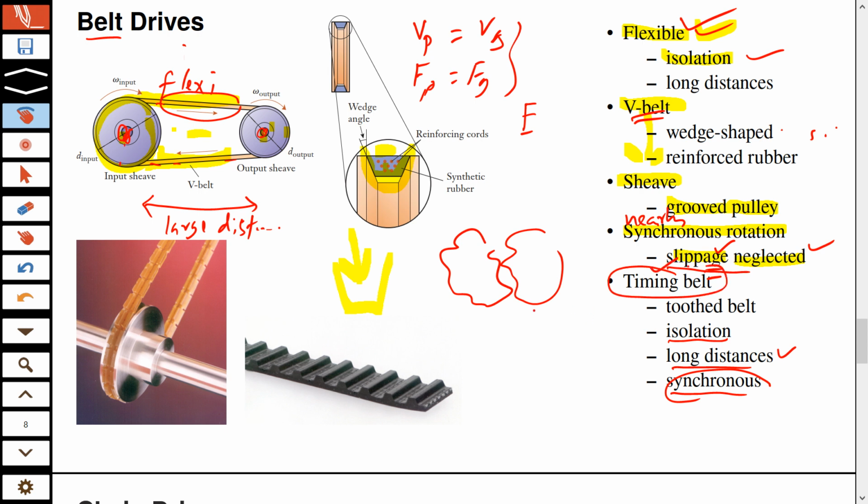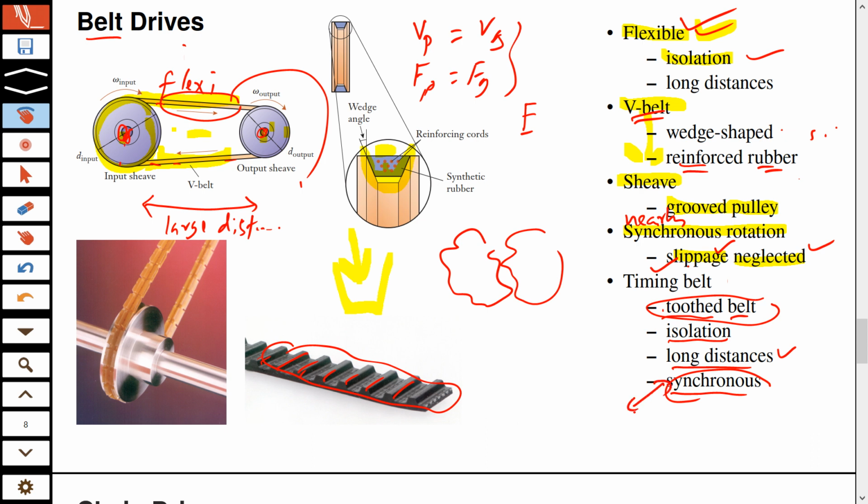In a timing belt, you have this belt, but you make it so that it looks like a gear. I can also call it a tooth belt. So you make the belt not only of reinforced rubber, but you also make it so that it has the desired properties of gears as well.